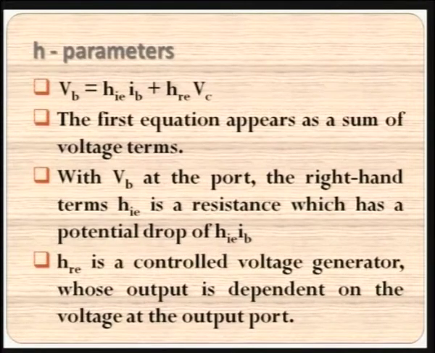This first equation appears as a sum of voltage terms. With VB at the port, the right hand terms are: HIE is a resistance which has a potential drop of HIE IB, and HRE is a controlled voltage generator whose output is dependent on the voltage at the output port.